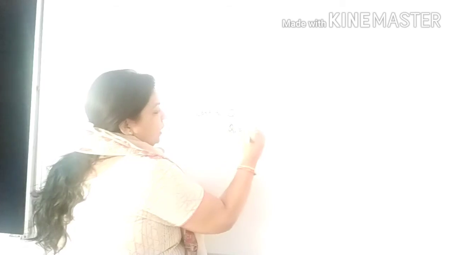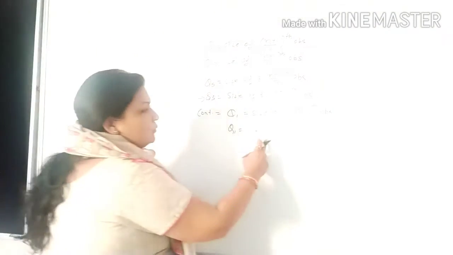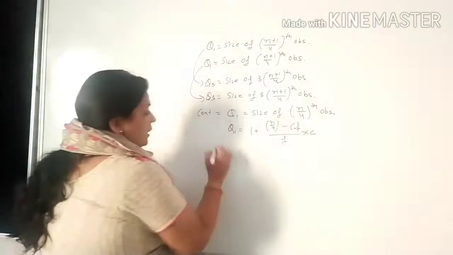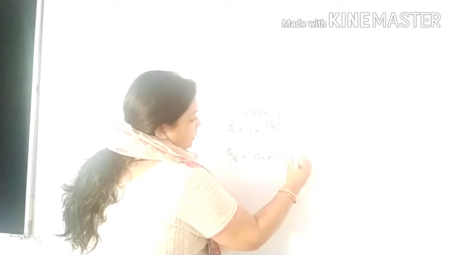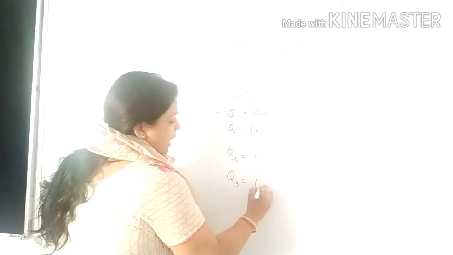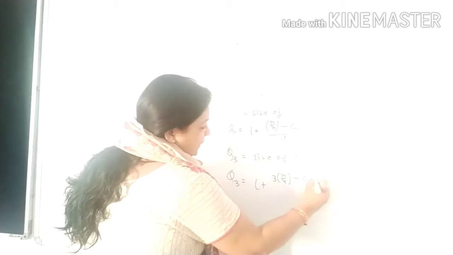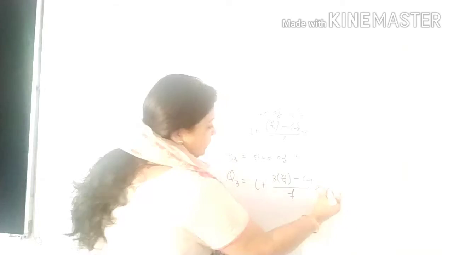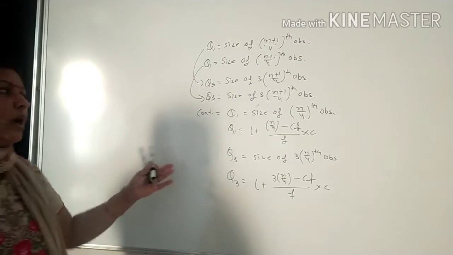Now Q1 equals l plus, वहाँ हम लोग क्या लिखते थे मीडियन में n by 2, यहाँ क्या यूज करेंगे n by 4 minus CF upon F into C. Now for Q3, size of 3n by 4th observation, and Q3 equals l plus 3n by 4 minus CF upon F into C. These are the formulas of the quartile.